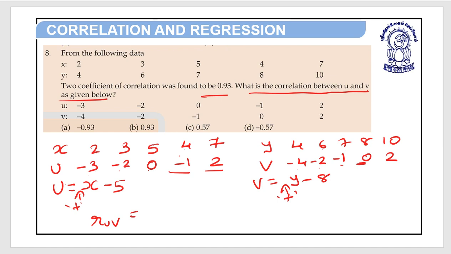So RUV is 0.93, since RXY is equal to 0.93. RUV becomes 0.93 positive because both the coefficients are positive.